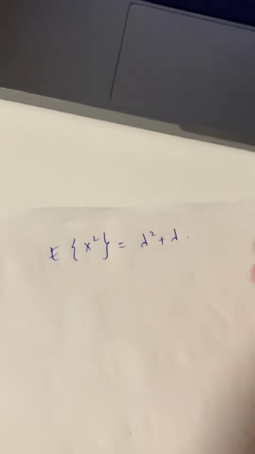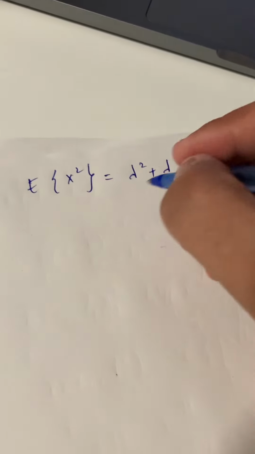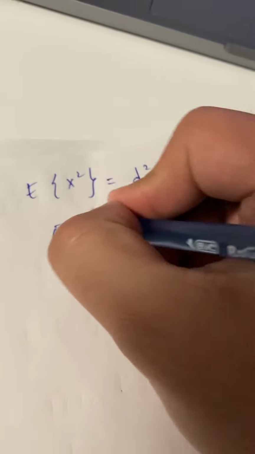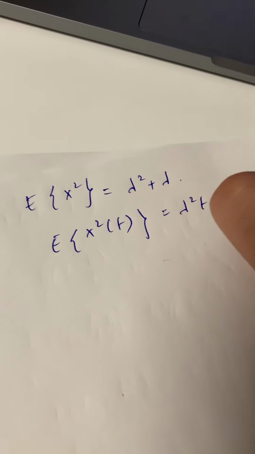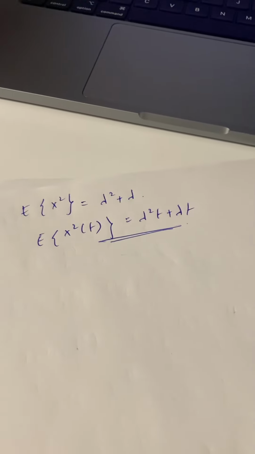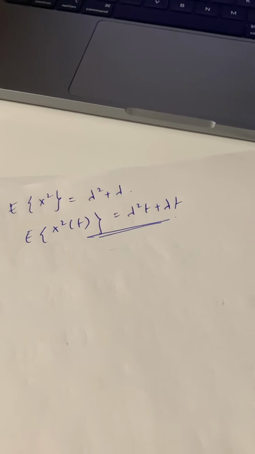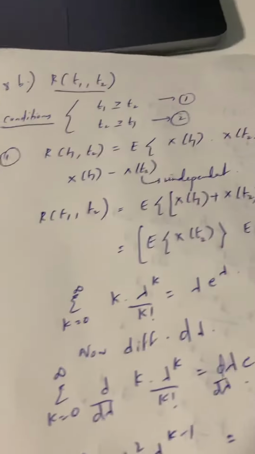Hence we can write E of X square of t as lambda square t square plus lambda t. Now substitute the calculated expected value of X square of t in this equation.